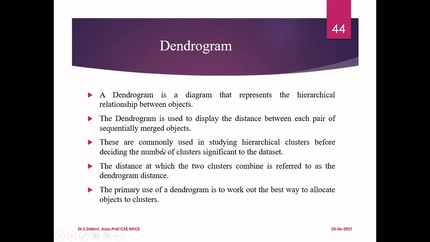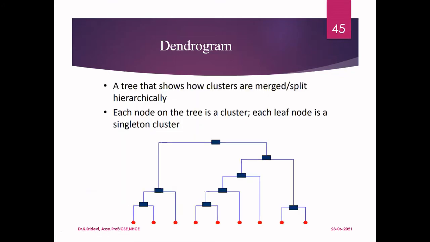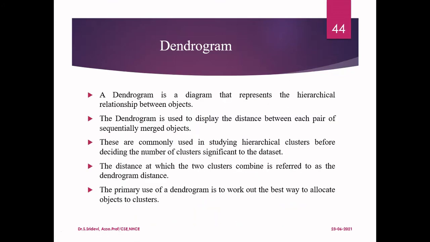We can use this to study the hierarchical clusters before deciding the number of clusters according to our data set. First, you finish the dendrogram. From that only you choose how many clusters you are going to have. The distance at which two clusters combine is called the dendrogram distance. With the help of this distance, we find the number of clusters.